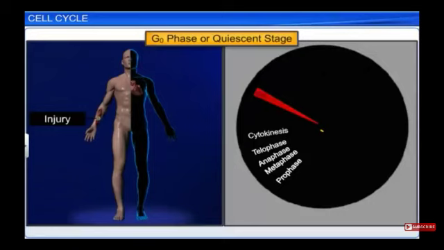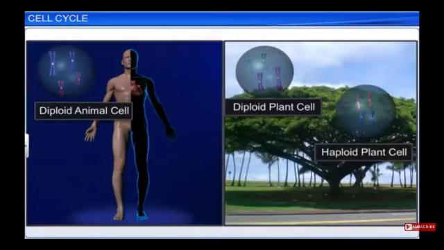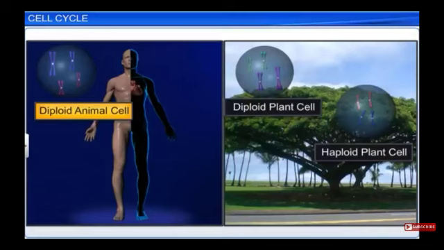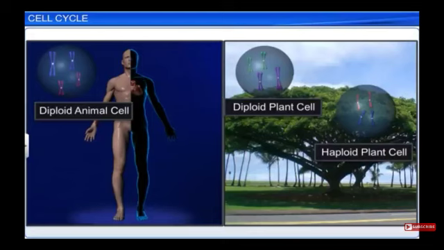Here, the cell remains metabolically active but proliferates only when needed. Also, in animal cells, mitotic division occurs only in diploid cells, whereas in plants, it is seen in both haploid and diploid cells.